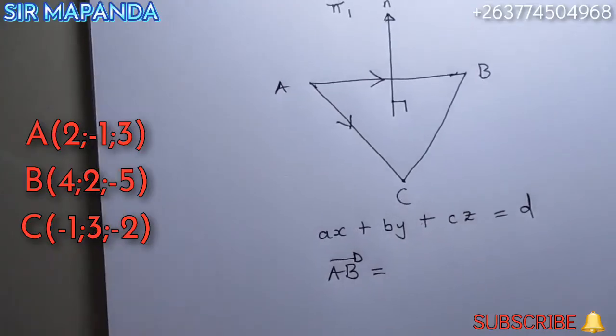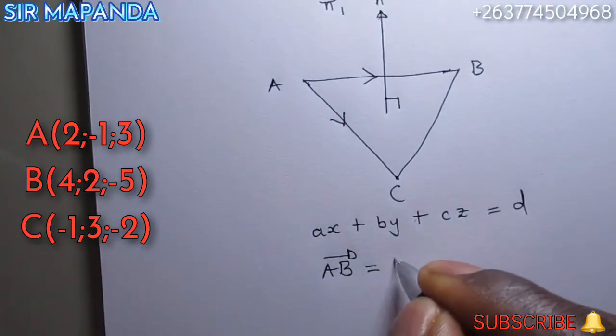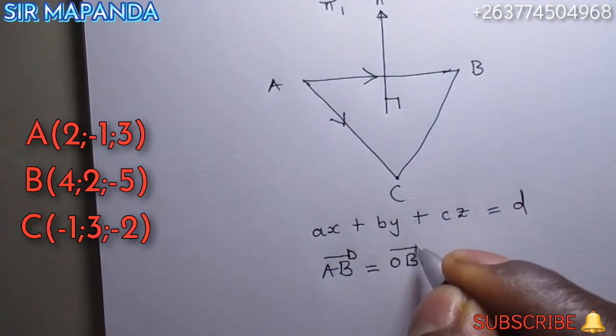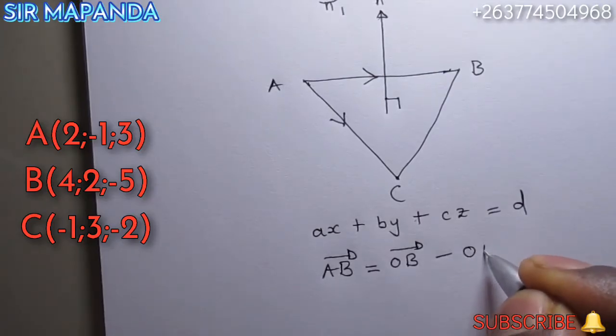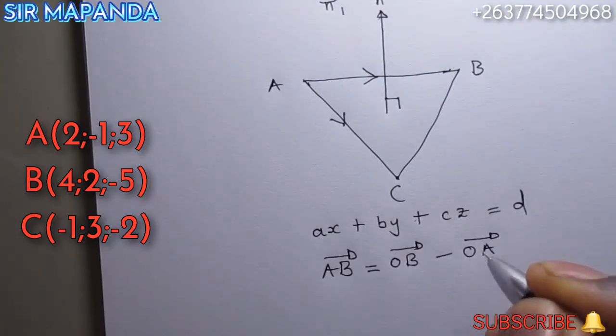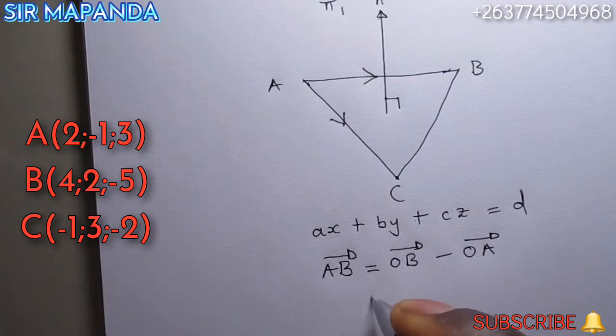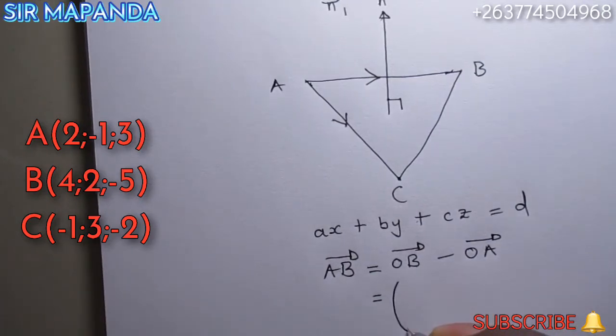Right, so to calculate AB, we make use of the formula OB minus OA. So what are the coordinates of B? The coordinates of B are (4, 2, -5).